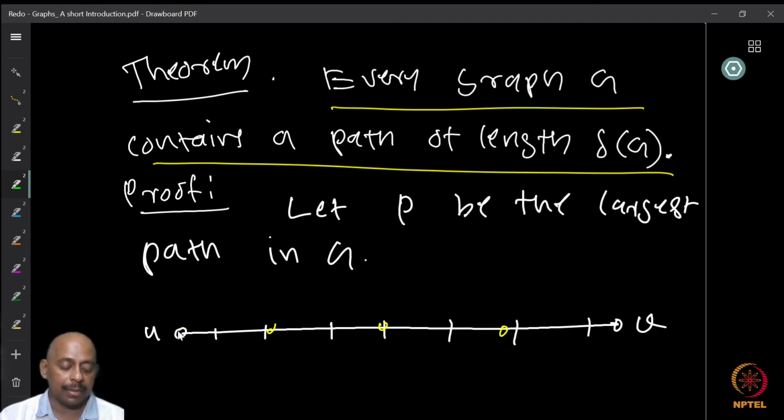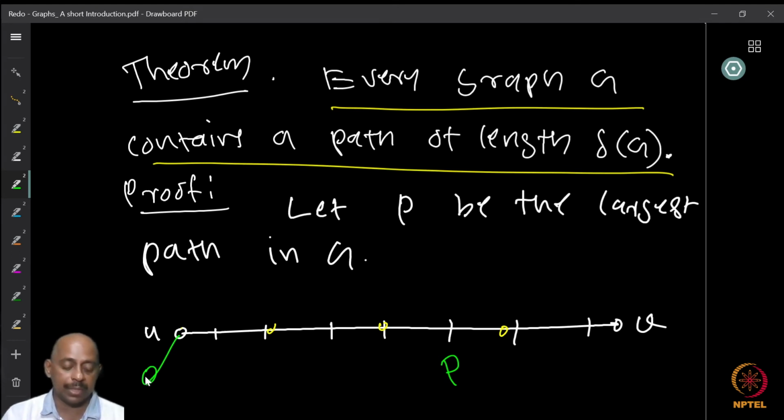I claim that there cannot be a neighbor of U outside this path P. So this is the path P, and all its neighbors must be in the path P itself. Now, why is this? If I look at the vertex U, suppose it has a neighbor outside this path P.